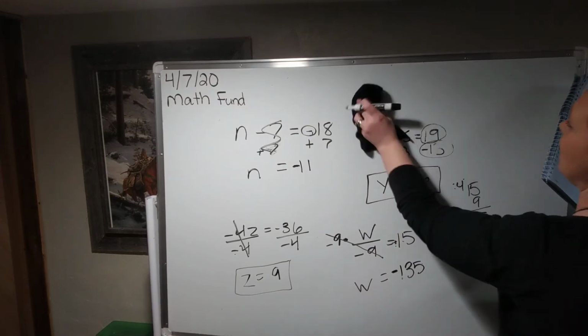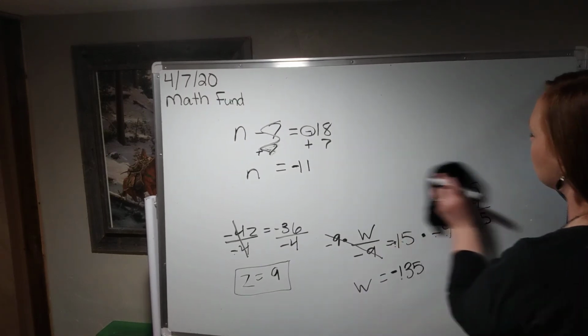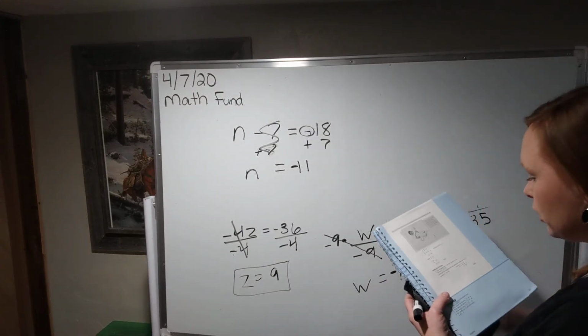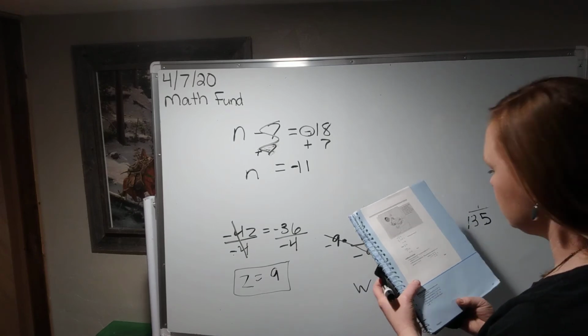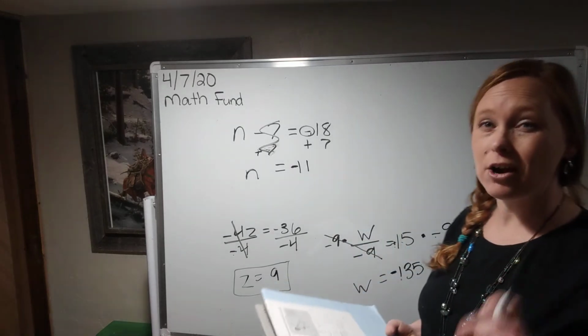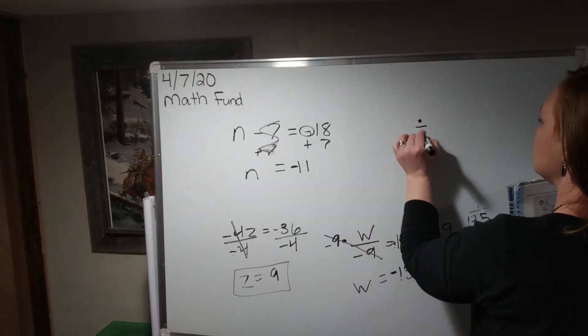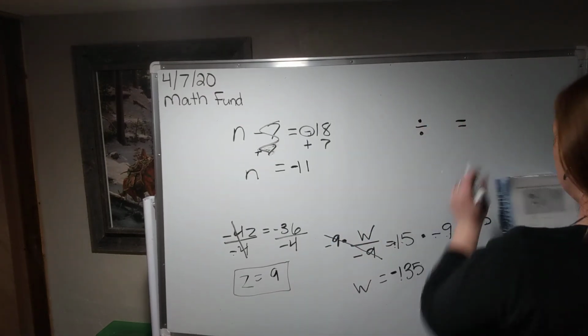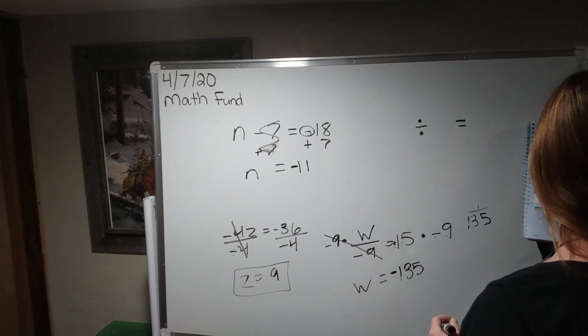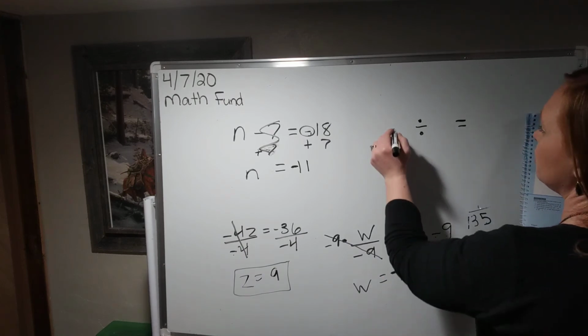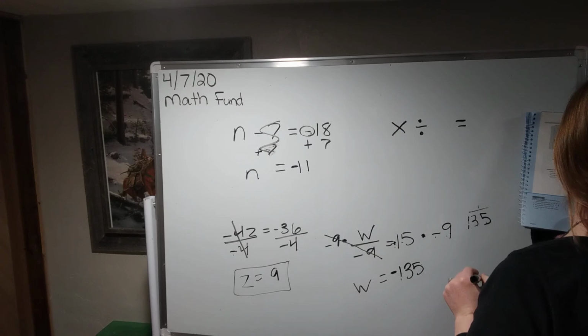And then example F, listen and try to make a problem in your mind of what you're hearing. The quotient, okay, so quotient, I already know is the answer to a division problem. So I have a division problem, and the answer is the quotient. The quotient of an integer, that we don't know what that integer is, so I'm just going to put x.